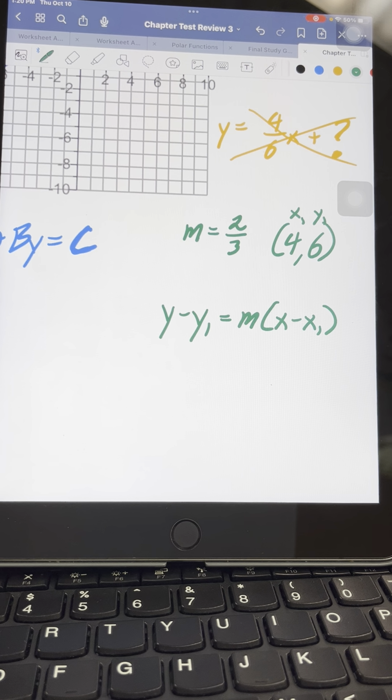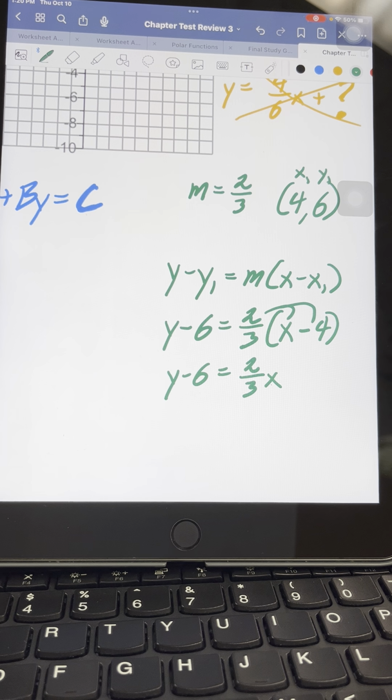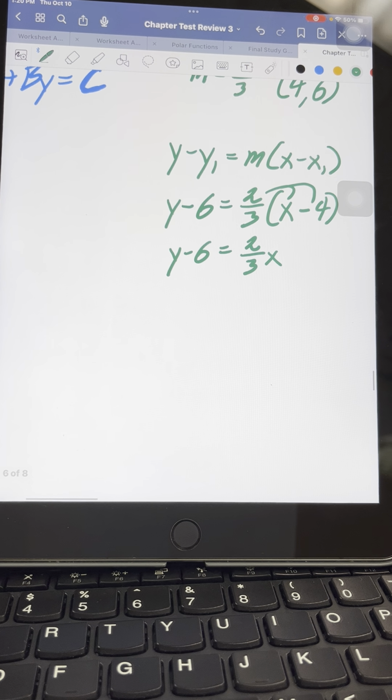Y minus 6 equals 2/3 times x minus 4. Y minus 6 equals 2/3 x. What is 2/3 times -4/1? That's -8/3. So minus 8/3. I'm going to erase that.